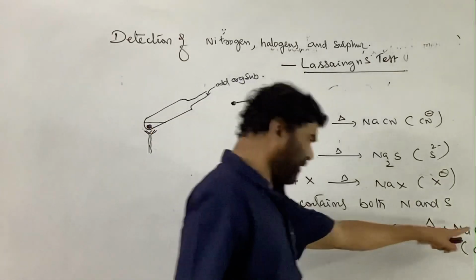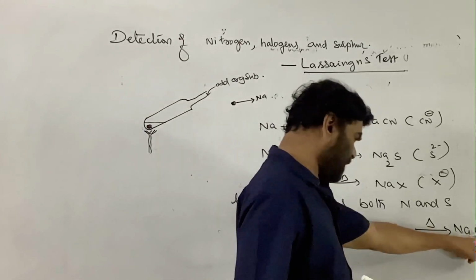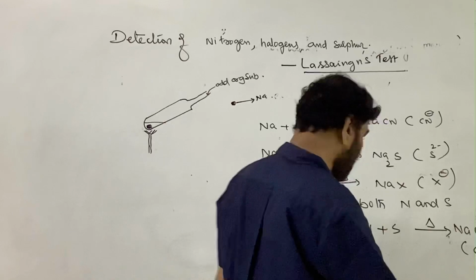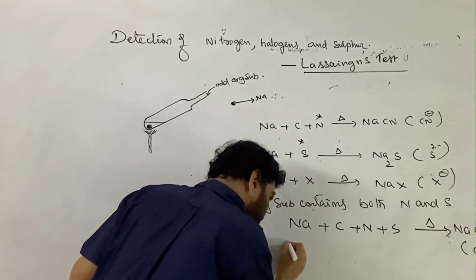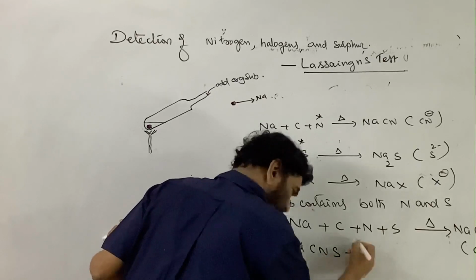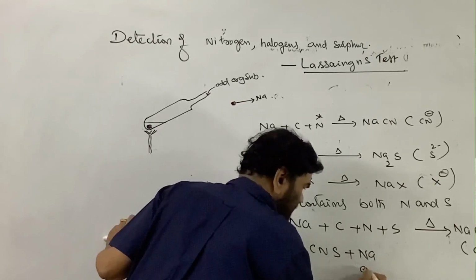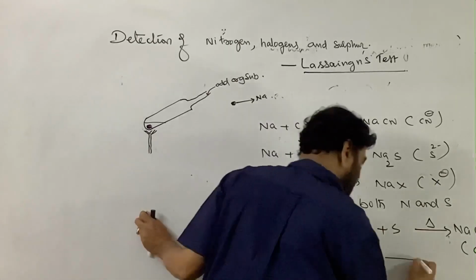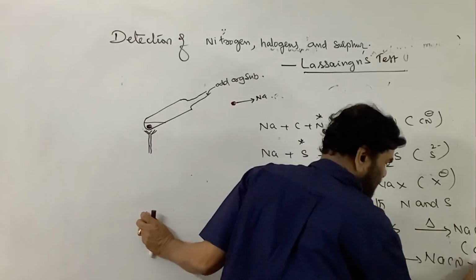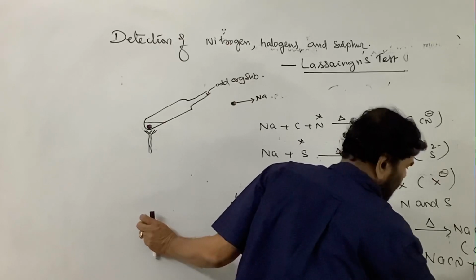In order to prevent this sodium thiocyanate, an excess of sodium is used. NaCN plus excess sodium. Then what happens? That is converted to the simple salts, sodium cyanide and sodium sulfide.